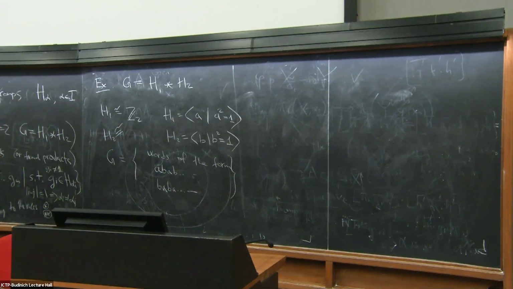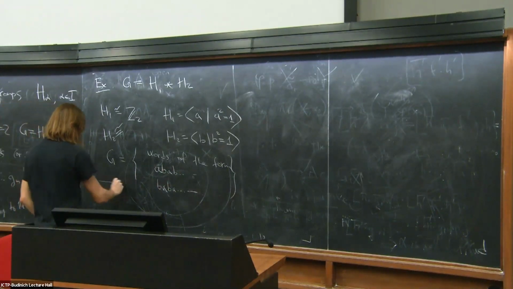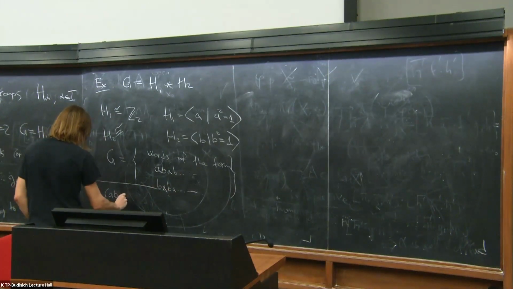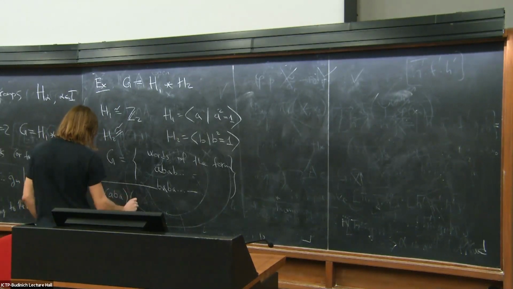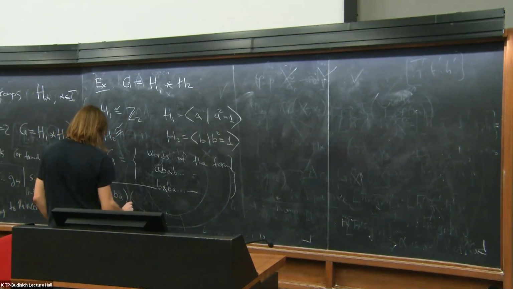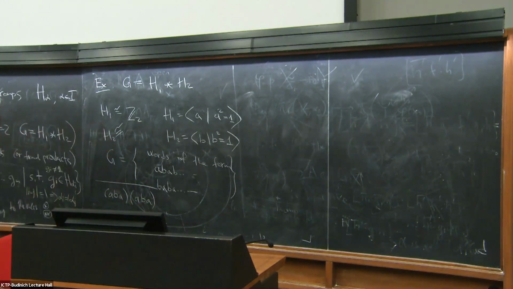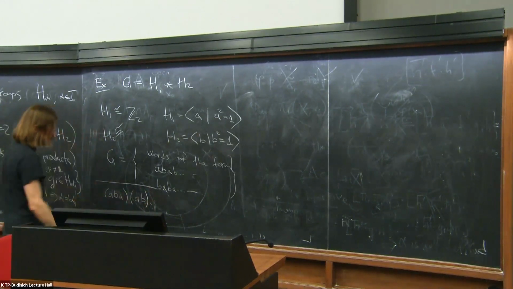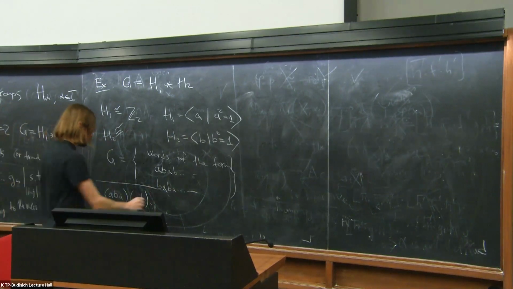How do you do multiplication? Suppose you want to multiply the element ABA, for example, to AB.